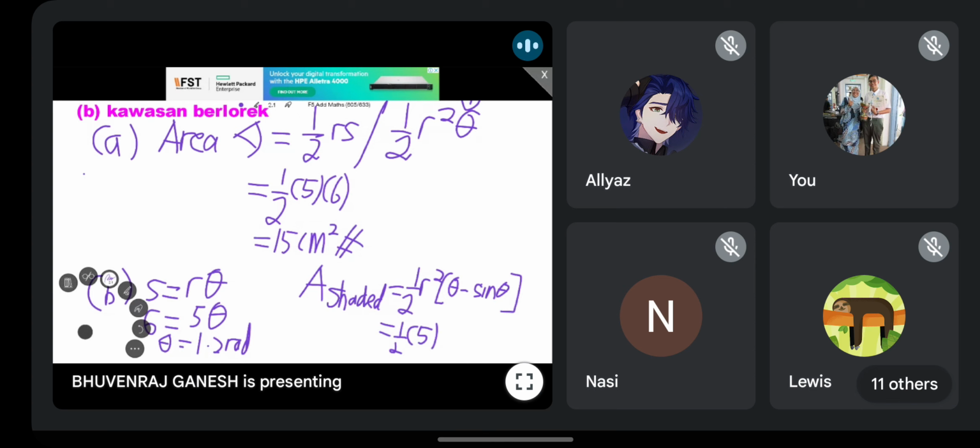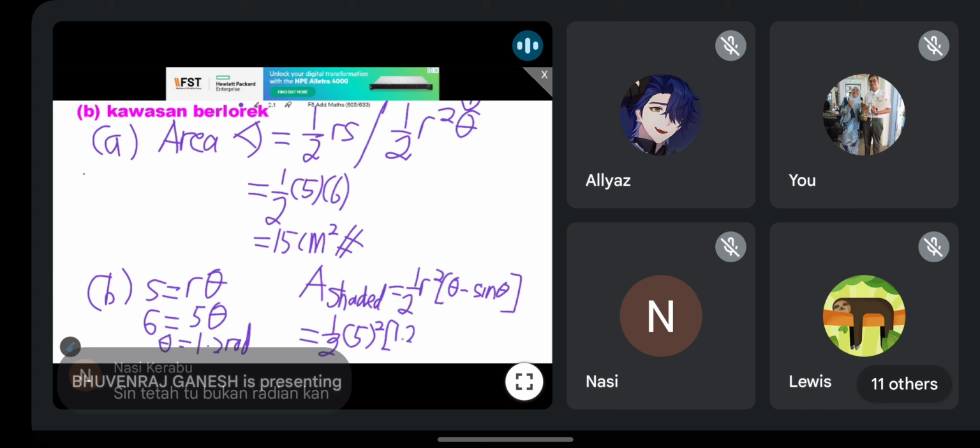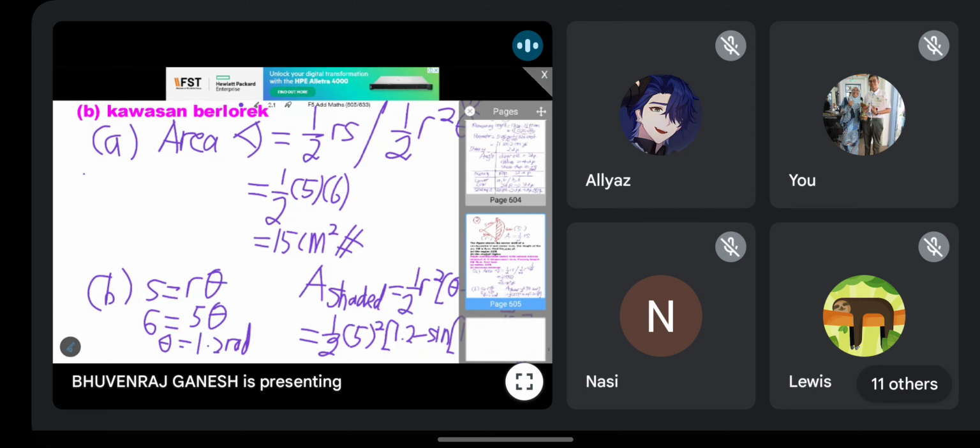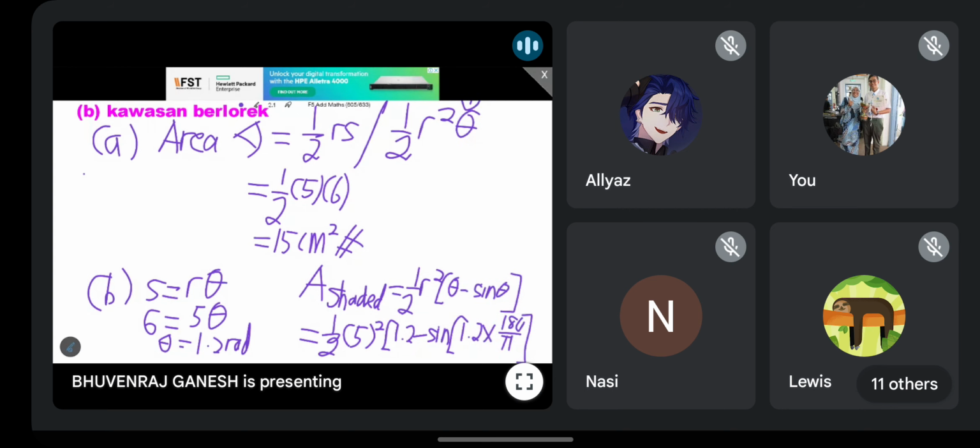Boleh tulis. Okay, saya pergi ke kiri sikit. Okay, equal to half phi square 1.2 minus sin 1.2 times 180 bahagi pi. I convert from radian to degree mode. Okay, understand guys?